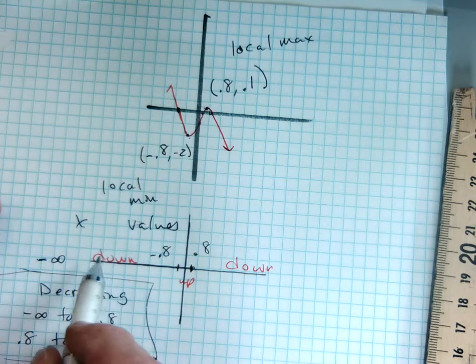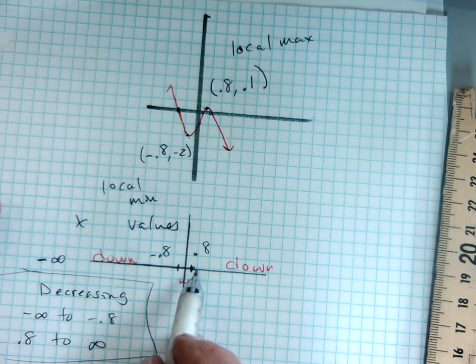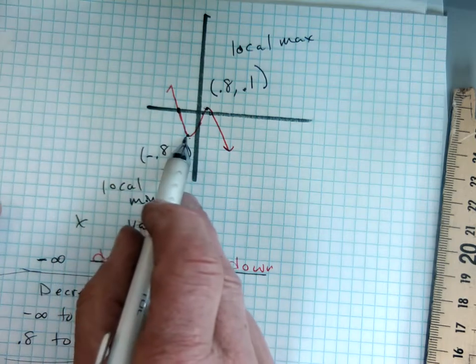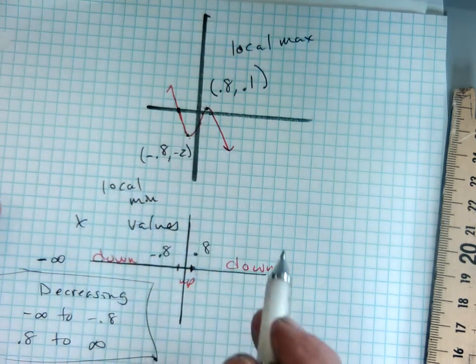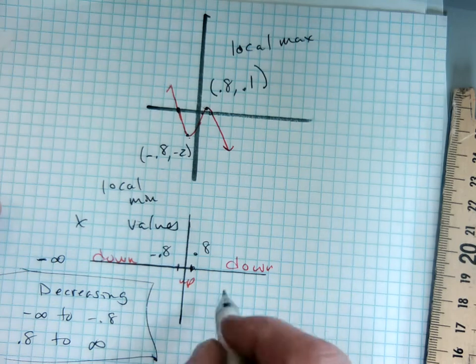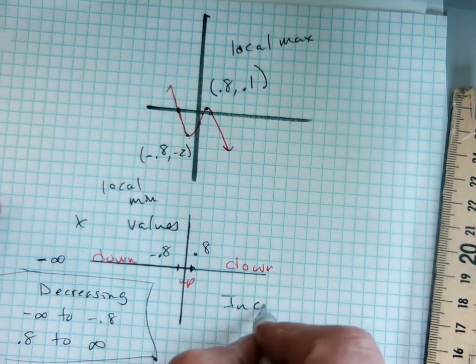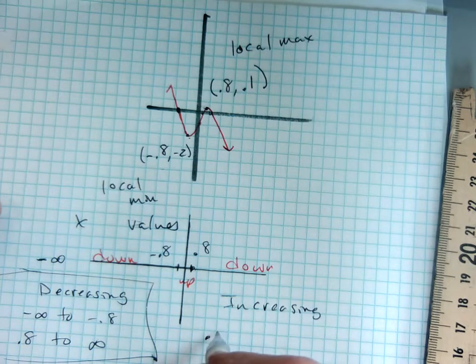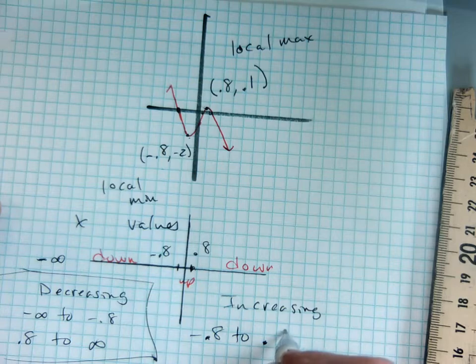Both. It's going down to right here, and then it goes down from 0.8 on. It goes up just in the small region up here, so it's increasing from negative 0.8 to positive 0.8, okay?